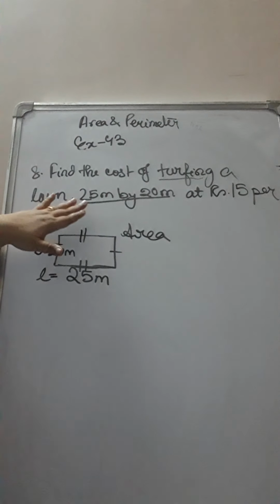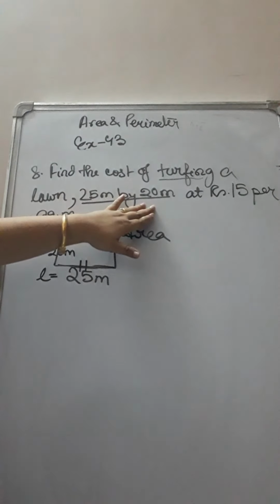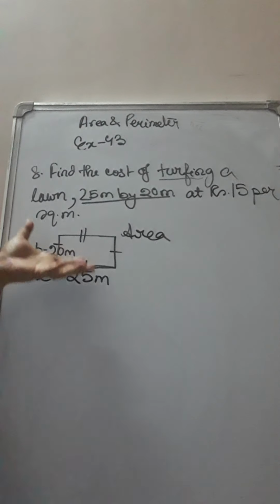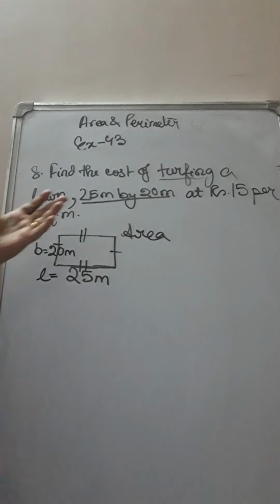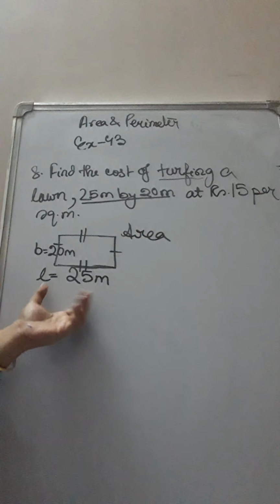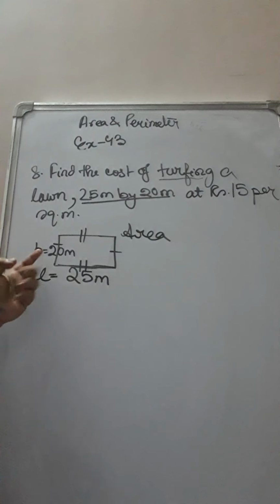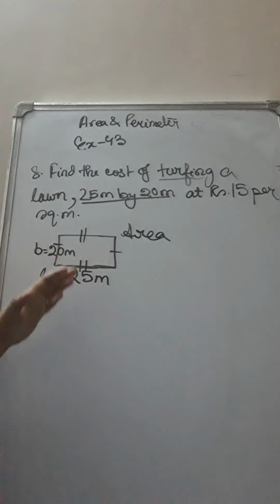So you have to understand which is the length, the greater one, and the breadth is the lesser one. In the case of a rectangle, always the length is greater than the breadth, so then only this shape comes up. So we have understood it's a rectangular shaped lawn.